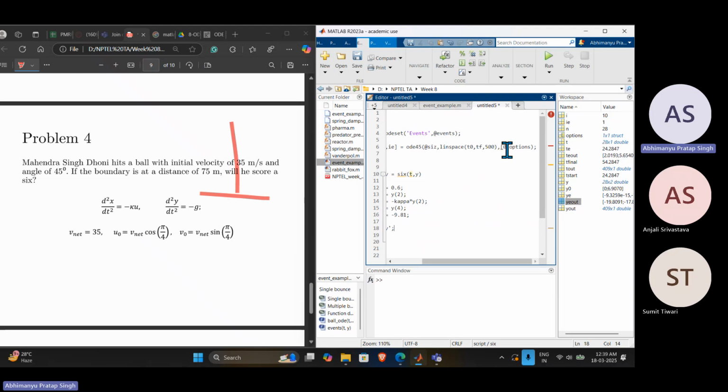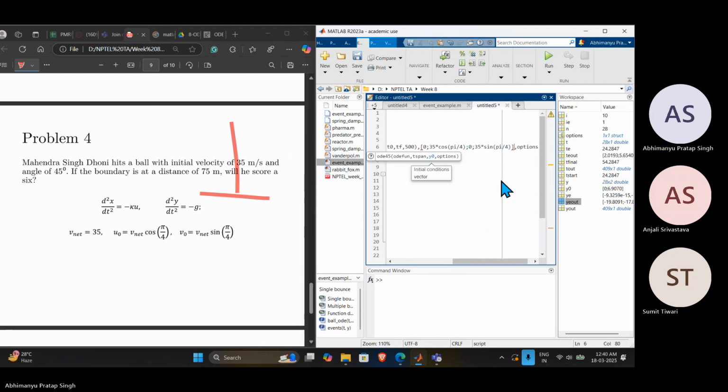The initial condition for x is 0, and the velocity is 35 cos pi by 4, so I will write 35 into cos pi by 4. For h it is also 0, and the velocity is 35 into sine pi by 4.